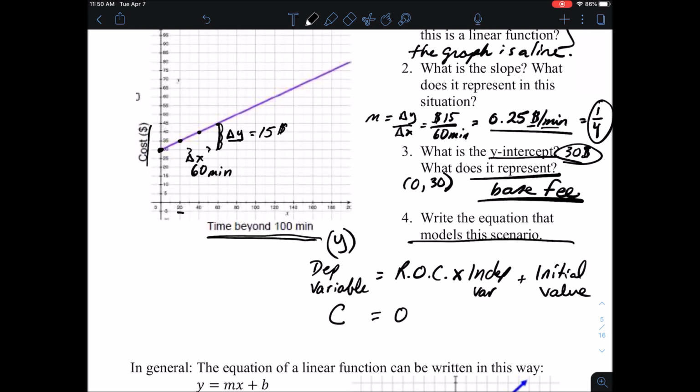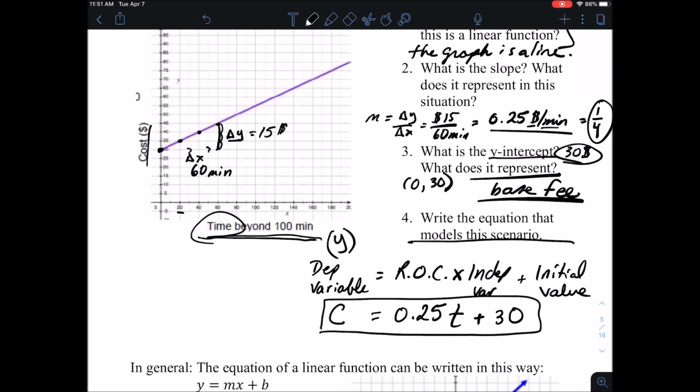So I could use the letter C. The rate of change is 0.25 times the independent variable, which is time. Maybe I'll use the variable t, plus the initial value of 30. Okay, so that would be my equation.